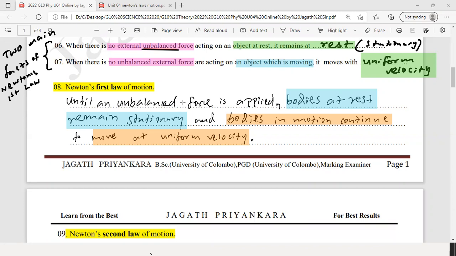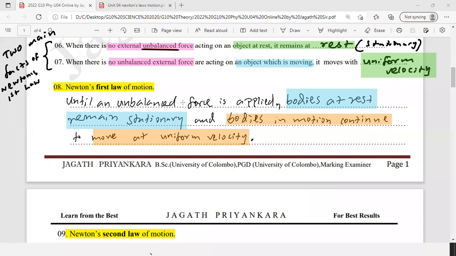Afan, can you repeat the question again? Yes, sir. If an unbalanced force is applied, the body moves in a uniform velocity. Then what happens if a balanced force is applied?